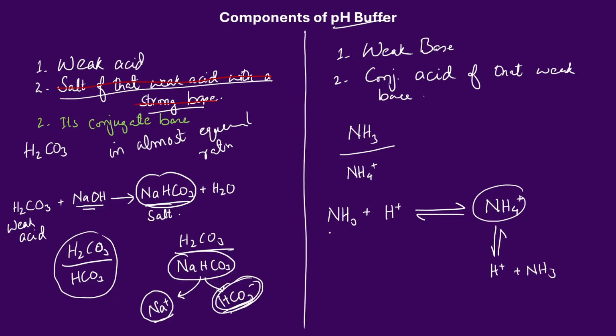So basically this is a reversible reaction. When it is releasing the proton, it is acting as an acid, and that is why this is the conjugate acid. So I hope you got the concept.